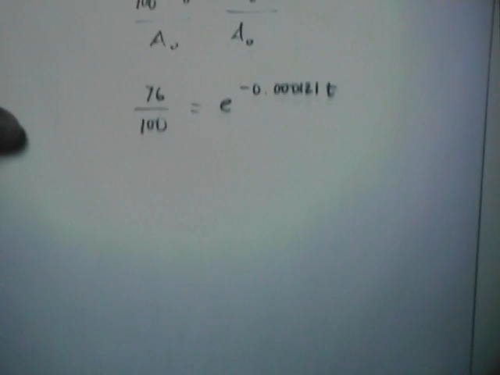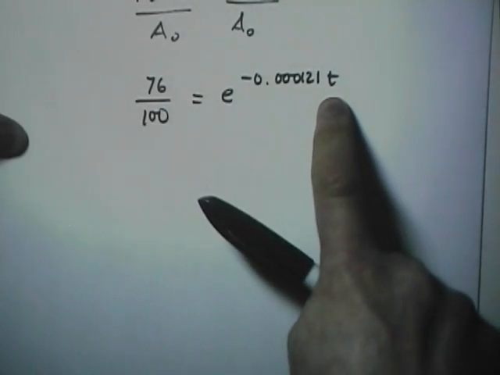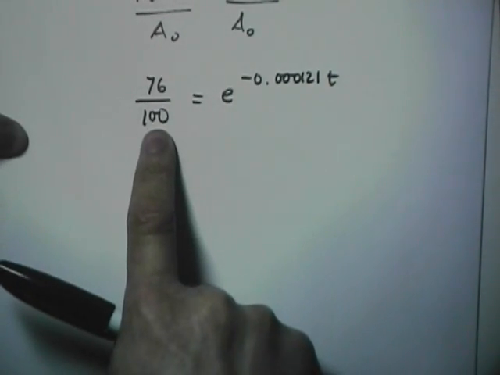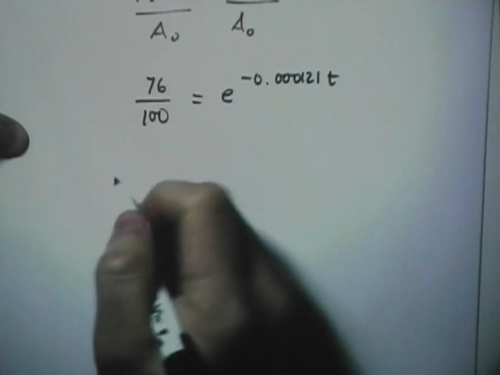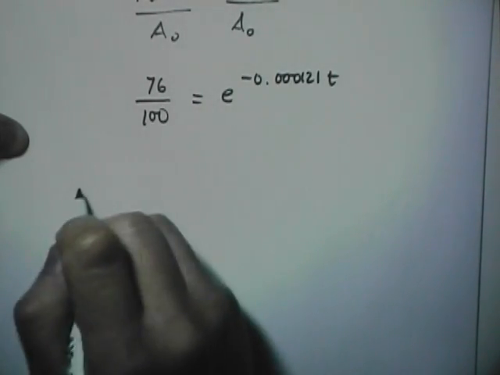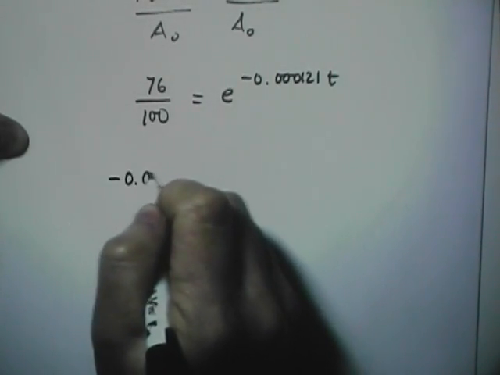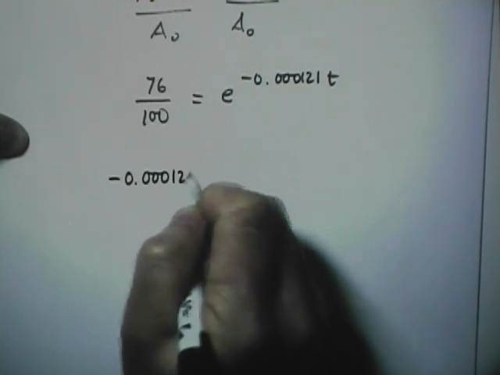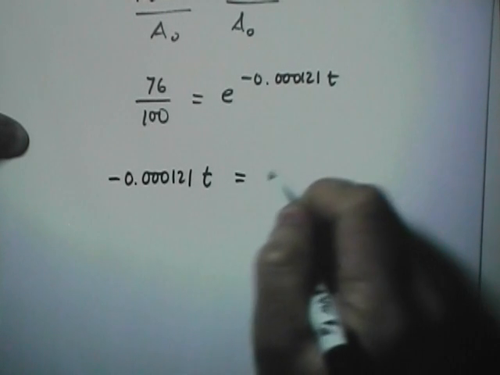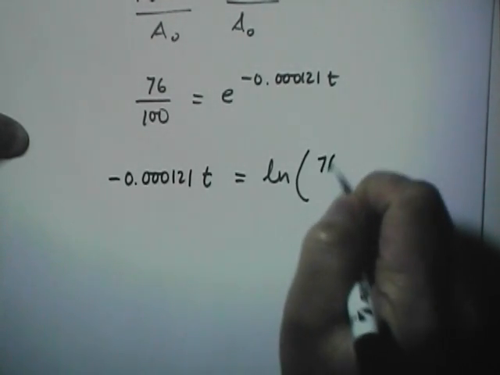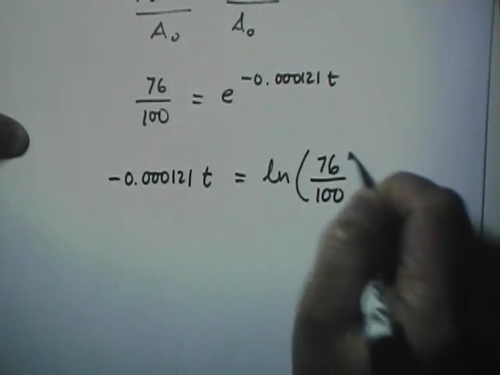In this equation we want to find how much time it takes to reach only 76% of the original, so I need to solve for t. My equation turns out to be minus 0.000121 t, without the e, equals the natural log of 76 over 100.